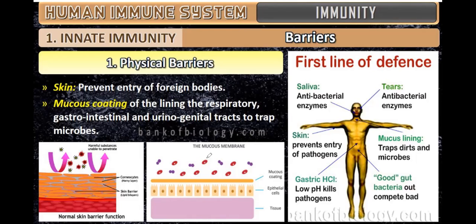These mucous membranes are present in the lining of the respiratory system, gastrointestinal system, and urogenital tract. It works as a first line of defense: saliva and tears have antibacterial enzymes, skin prevents entry of pathogens, mucus traps dirt and microbes, gastric acid with low pH kills pathogens, and good gut bacteria outcompete bad gut bacteria. So this is the first line of defense, the physical barrier.